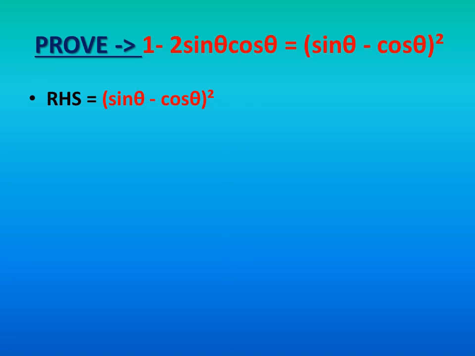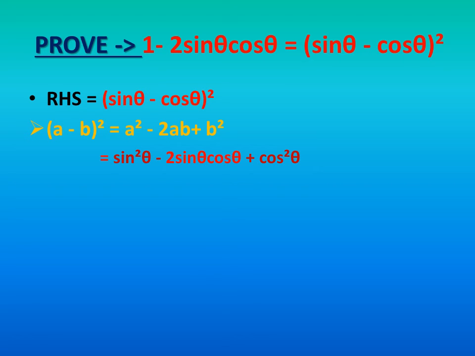We use the algebraic formula a minus b the whole square, which comes out to be a square minus 2ab plus b square. We apply this algebraic formula on the right hand side of this equation, where a is sine theta and b is cos theta.